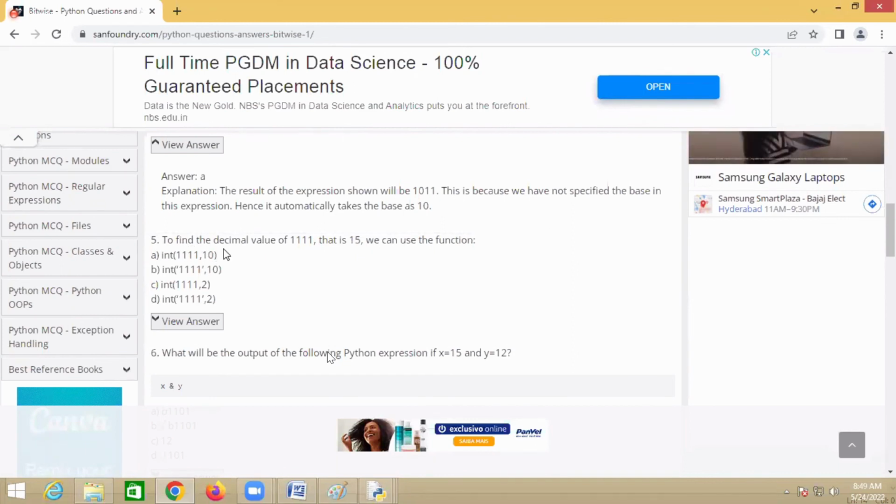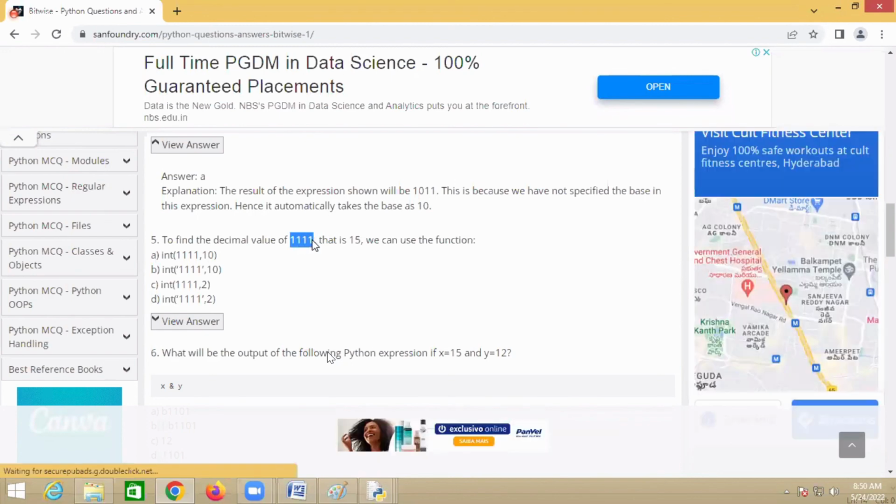To find the decimal value of 11111, that is 15, we can use the functions. To find the decimal value of 11111, this value is which value? Binary value. And you want to find which value? Decimal value.